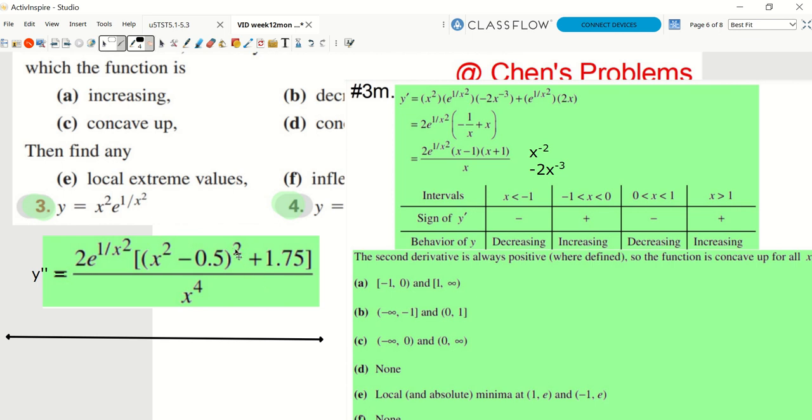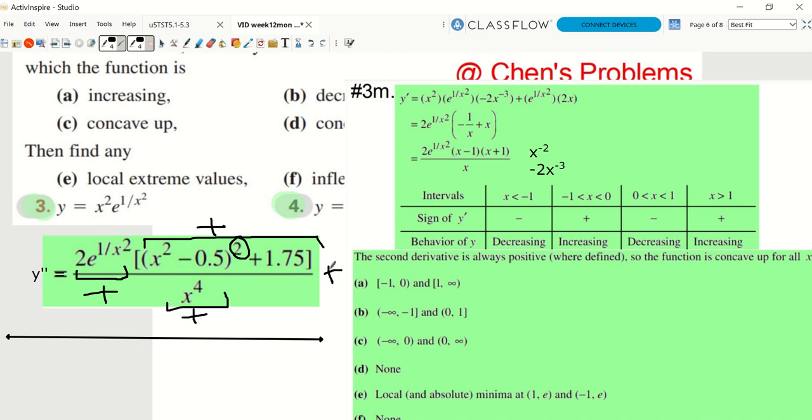because we already established that this is always going to be positive right here. This right here is always going to be positive because of this squared. Any number squared, positive or negative, is going to be positive, and this is also always going to be positive because anything similarly squared or to the power of 4 is going to always be positive.